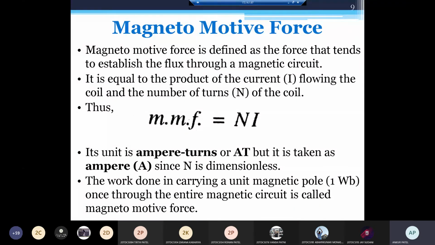So here we saw some basic terms of magnetic circuit. You studied basic terms of electric circuit. So we are going to compare electric and magnetic circuit.